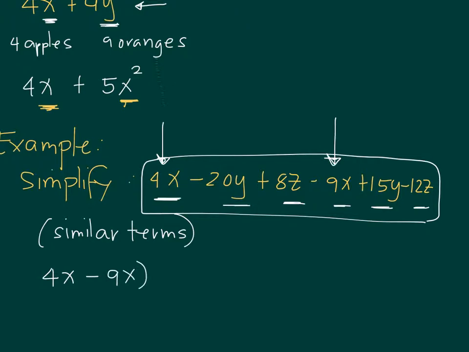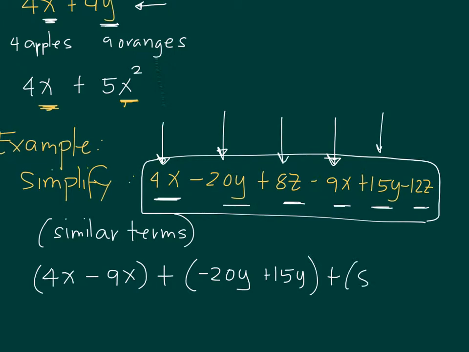That's your first group. And then plus you have negative 20y, or minus 20y, and the other y is 15y. And then we have plus 8z and then minus 12z. So you are adding all the groups: the first group, the second group, and the third group.